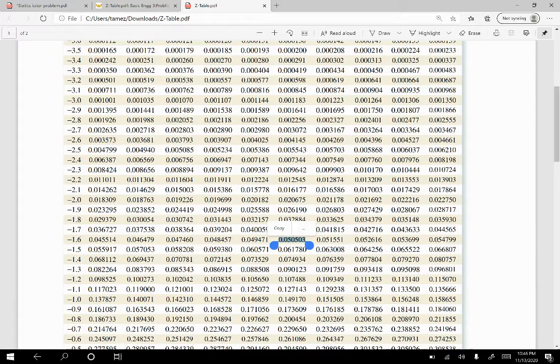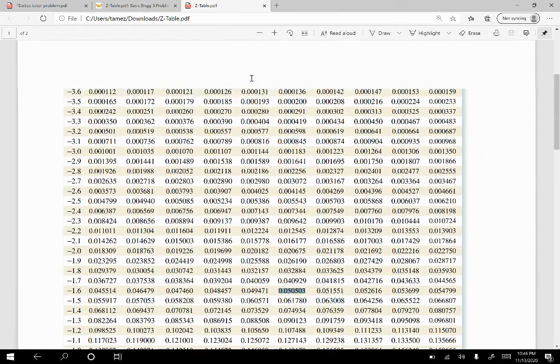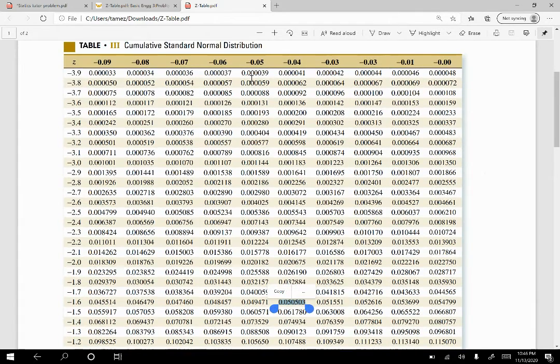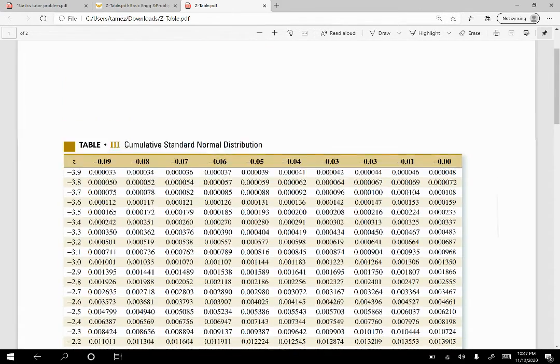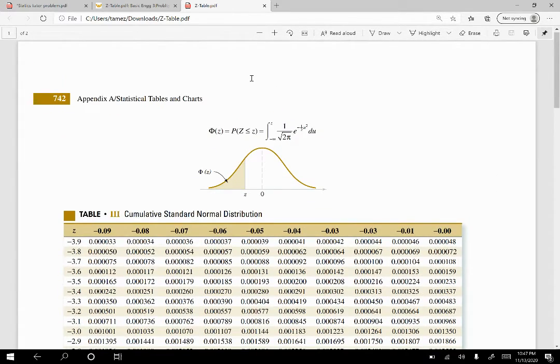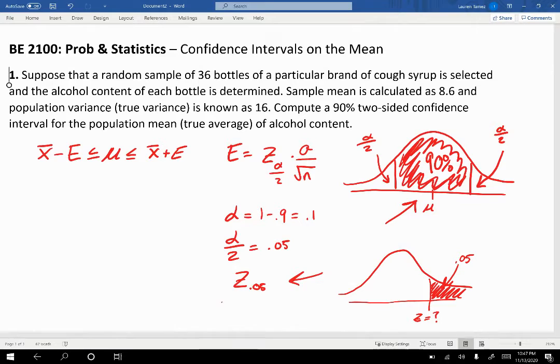We read from this left column, negative 1.6, and then we look at the top of the column, 4. So negative 1.64. And we can just use the positive value of this since it's going to be over here, and it's going to be the same distance. So z of 0.05 equals 1.64.